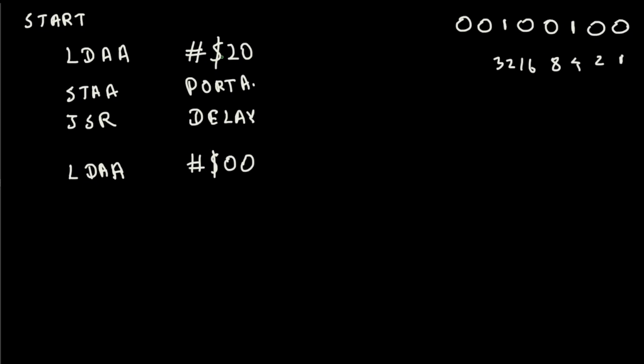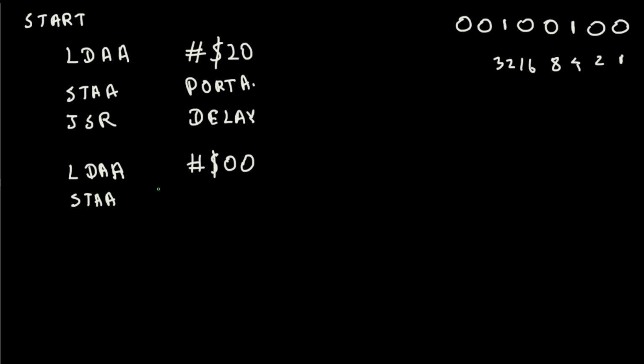You can put a percentage sign and load this one as well instead of this. Both ways work. And here you can put 8 zeros if you put the percentage sign. That is for the binary representation. Okay, same thing. And then here LDAA, and the other part remains the same.